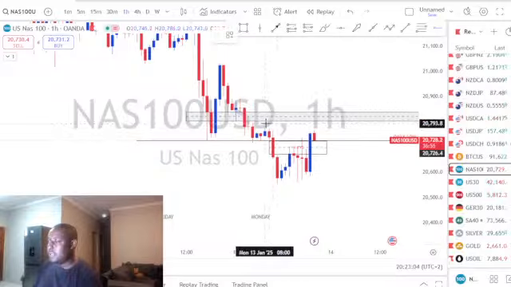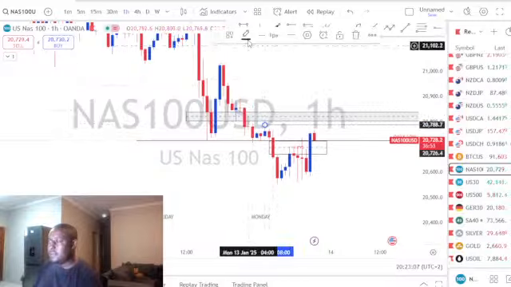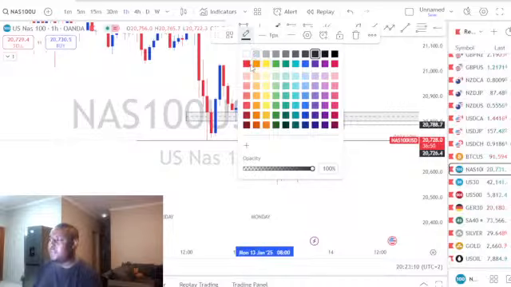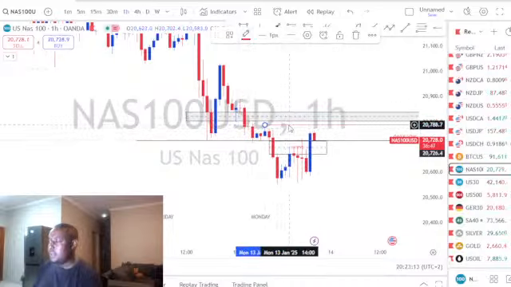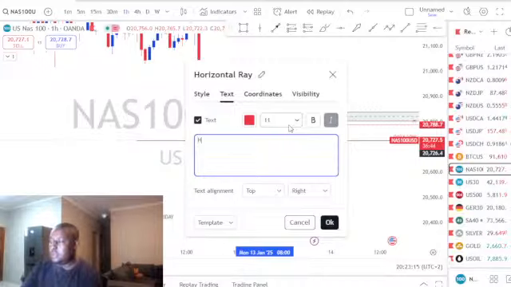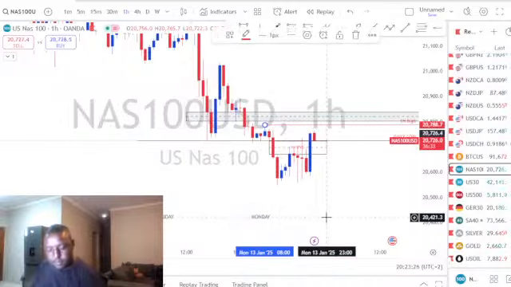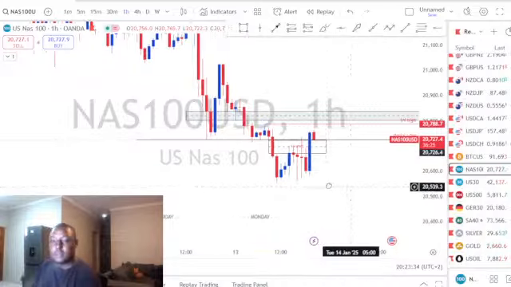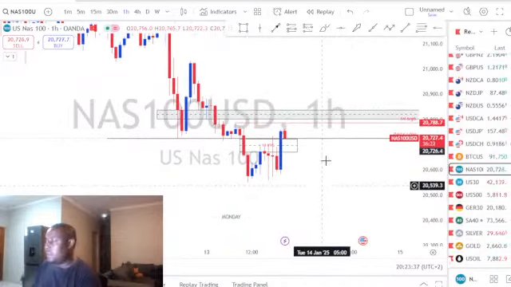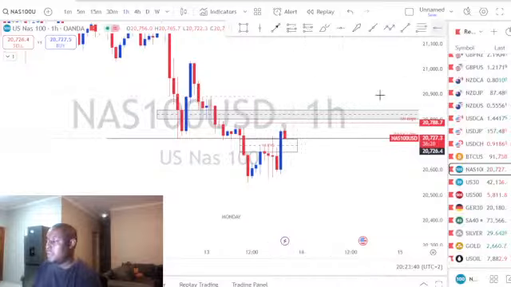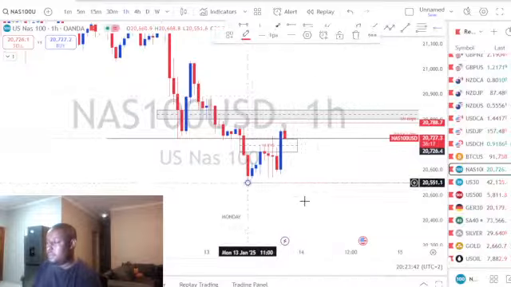And so with the invasion fair value gap, is this broken down to me? Invasion fair value gap, high there, and then we have low here.